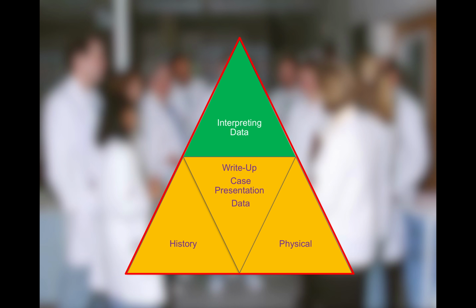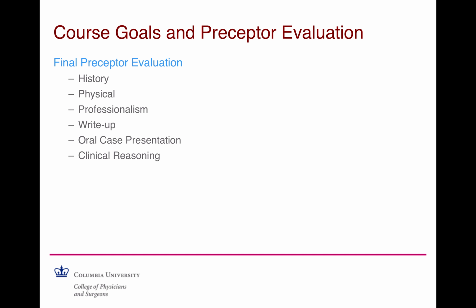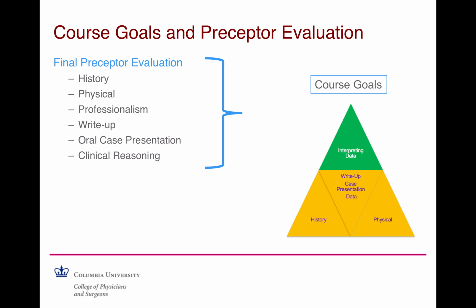If we go back to this slide, we can see the yellow part of the slide, which is the history, physical, write-up and case presentation, is the foundation that the interpretation of data is built on. So making sure those skills are continuing to be developed and are firmed up. And if you think about our course goals and our evaluation, they are intricately linked.